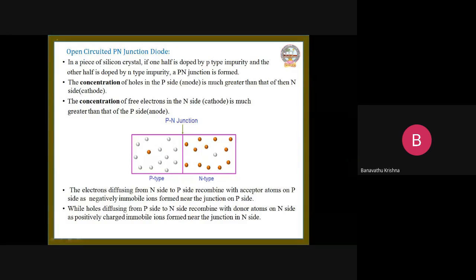First point, let us go through the first point. In a piece of silicon crystal, if one half is doped by P-type impurity and the other half is doped by N-type impurities, a PN junction is formed. In the P side, the doping impurities are trivalent impurities, which basically have acceptor property.